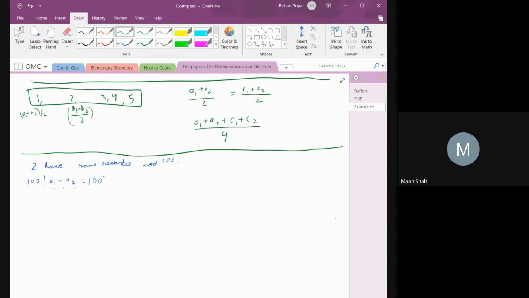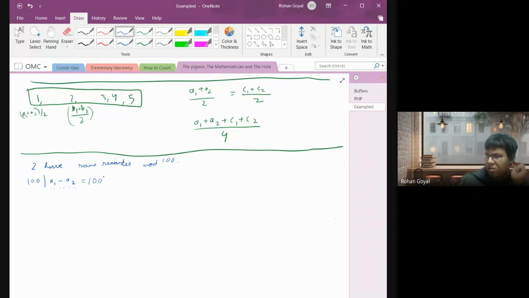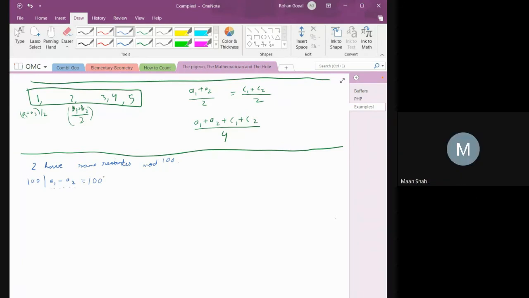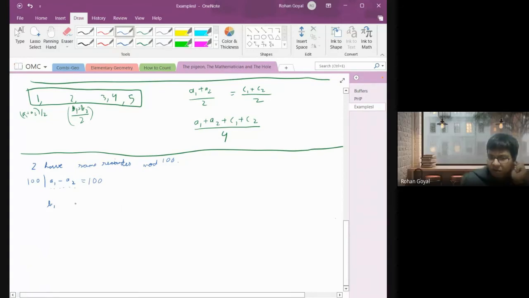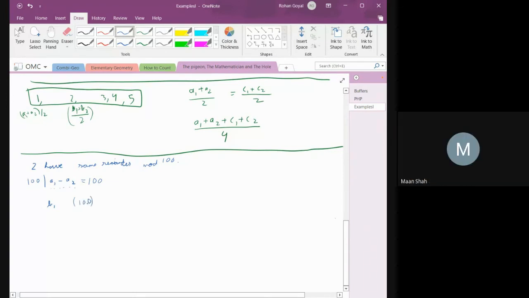Yes, sorry. Yes, but the number A1 minus A2 divided by any number from the set will be divisible by it, no? What? If A1 minus A2 is 0 mod 100. So if any other number from the set we take, like let's suppose B1, B1 has some remainder mod 100. So by dividing both of them, we can get 0 as a remainder mod 100.